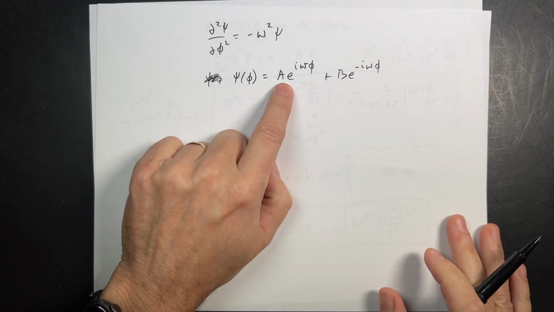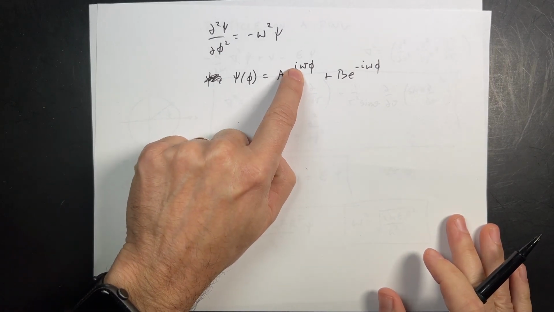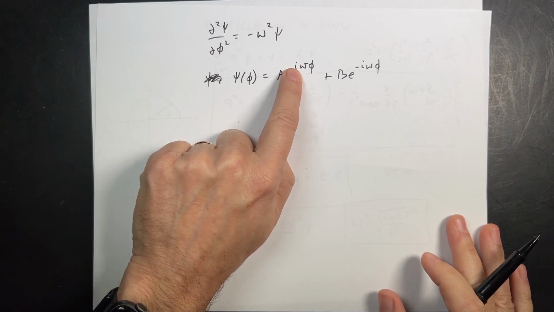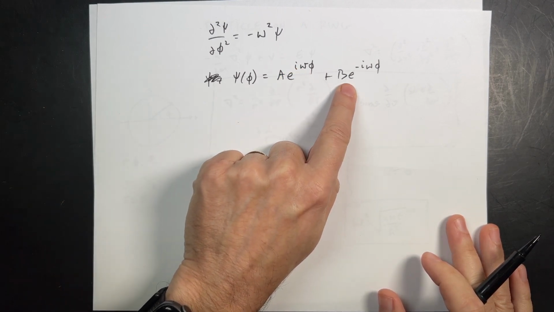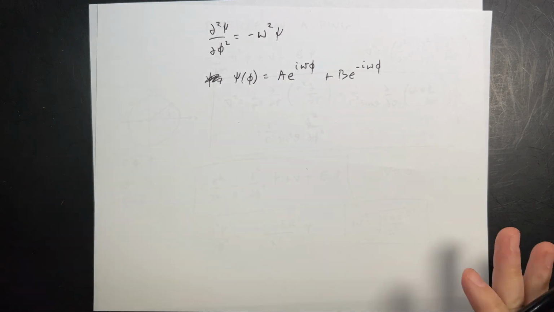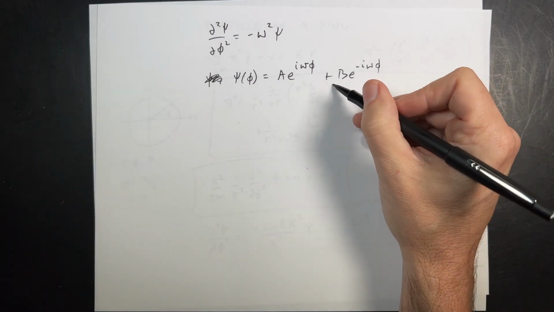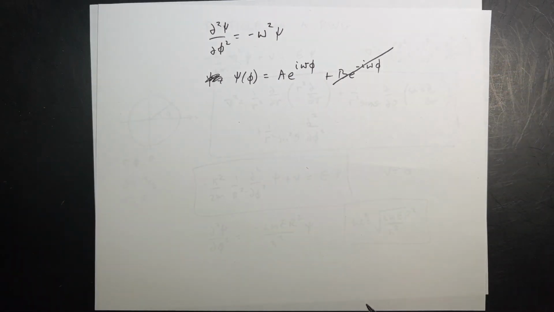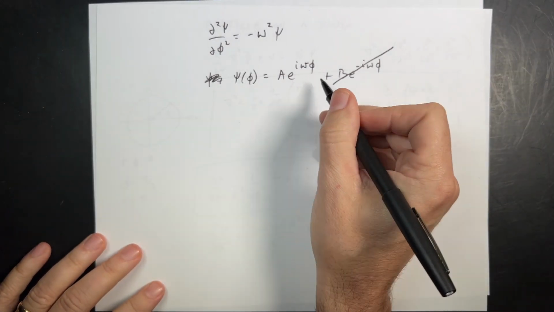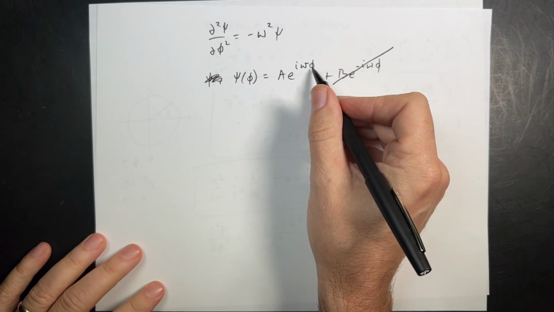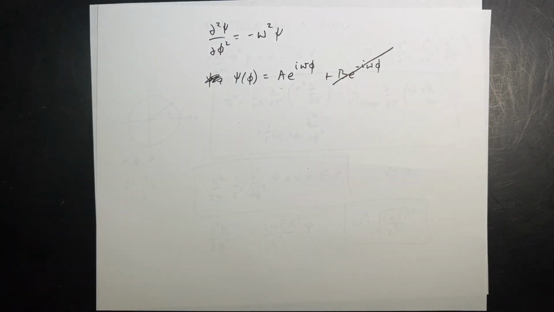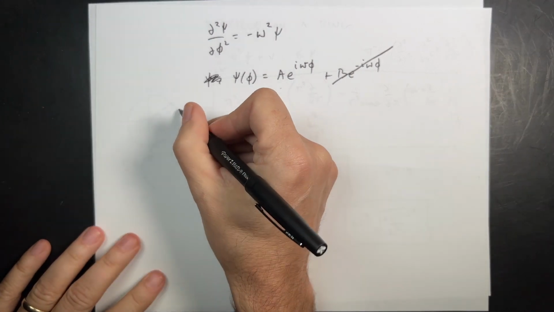Because if I take the derivative of this twice, I get negative omega squared, and the a's cancel. But just to make things easier, let's just leave that term off, and we will be okay. If I take the derivative of this once, I get a i omega e to the i omega phi. If I take it again, I do indeed get the correct solution. So that's my solution. Now, I do need to apply my boundary conditions.